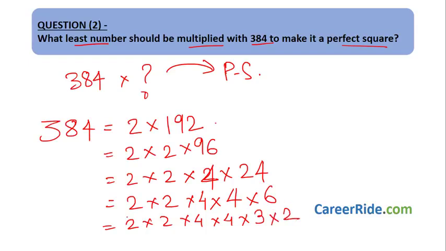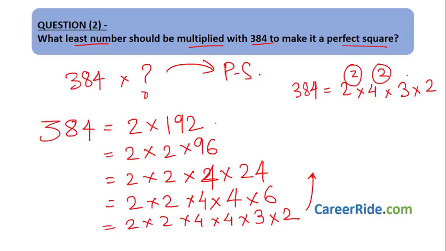What we have is 384 equal to 2 square multiplied by 4 square multiplied by 3 into 2. See, now this is a perfect square, this is a perfect square, this is not a square, this is not a square, these are single numbers. So if we multiply by 3 and 2, what will happen?